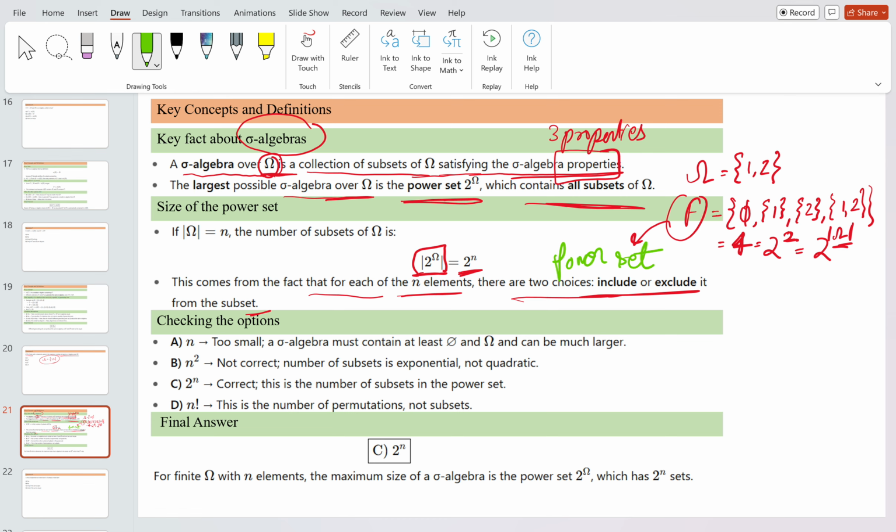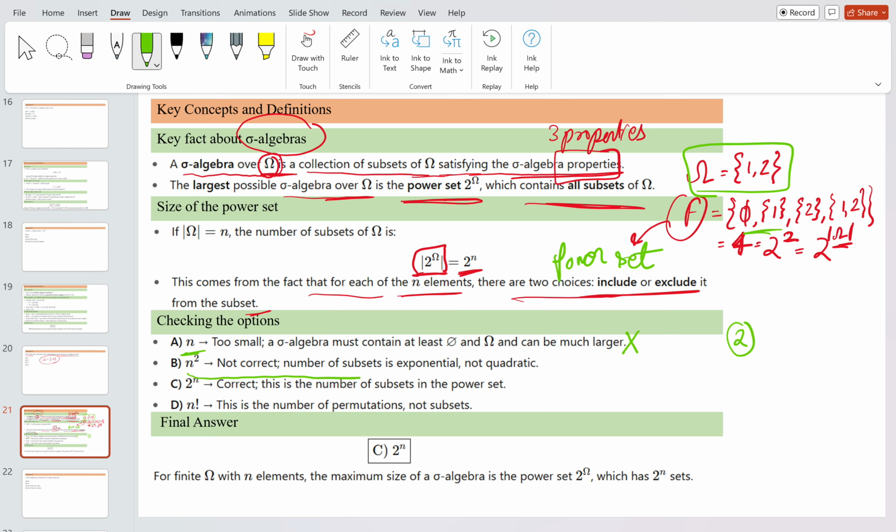Okay, checking the options, option n cannot be correct, because n would come out to be 2, since there are two elements, so it is very small, that cannot be possible. Because if you see, the two elements are already there. So this is false.